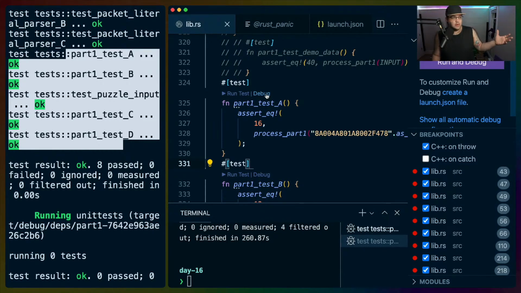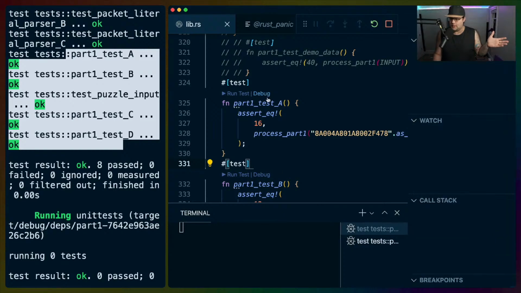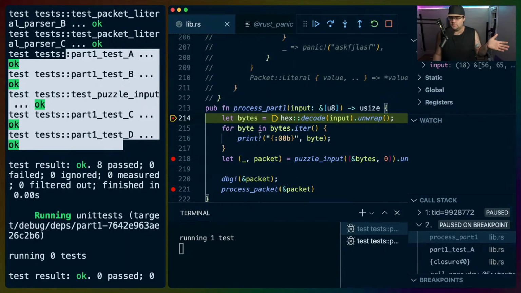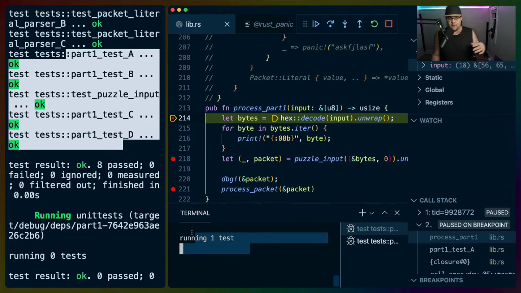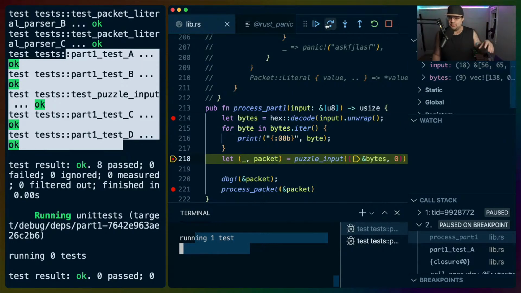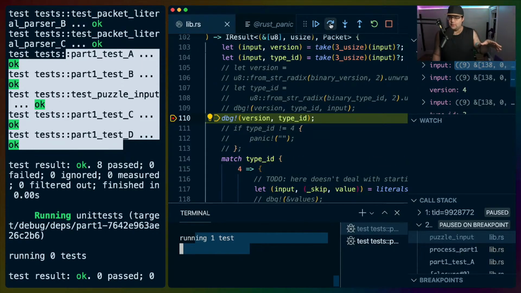But basically, if you install code LLDB and you hit debug here, it will run your test, your cargo test, with the breakpoints that you set in the editor, and it will show you all of the local variables in the top right. It'll show you the call stack in the bottom right. It'll show you the output of your test in the bottom. And you can either continue to, I think, the next breakpoint, or you can start stepping through the actual execution.